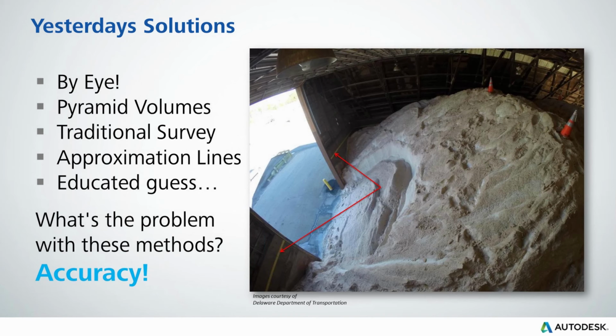We want to make sure that we're getting paid for all of the materials that we're actually sending out to the field, wherever that may be. So, of course, when anything is tied to money, it's more important to all of us, especially at a government level. So what are some of the solutions that we're using today?